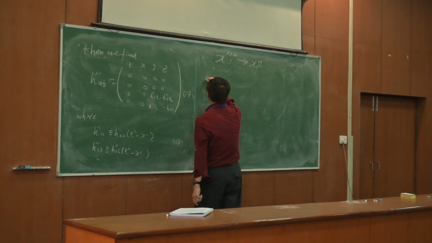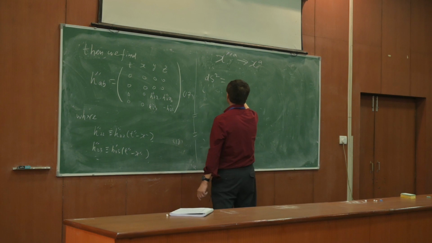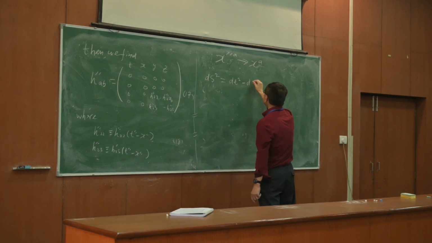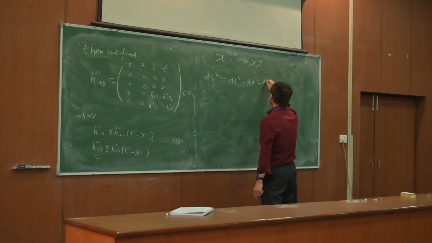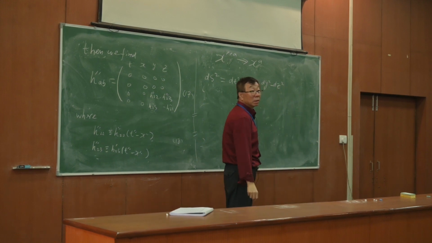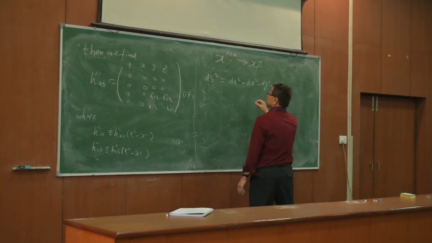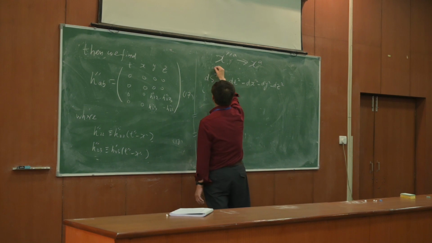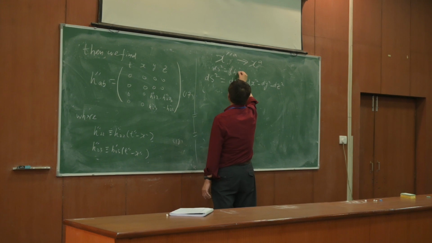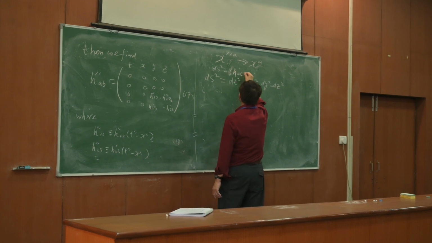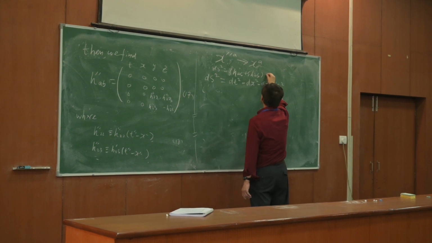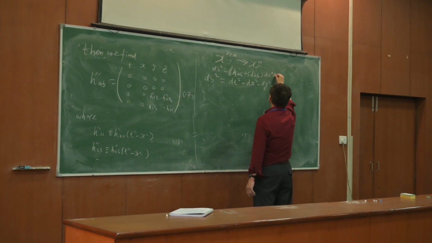So then you can say ds squared equals dt squared minus dx squared minus dy squared minus dz squared. This is the background, right? Then the linear perturbation: g equals eta ab plus epsilon h ab, dx^a dx^b.